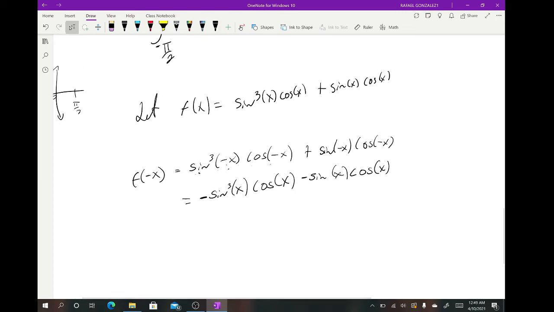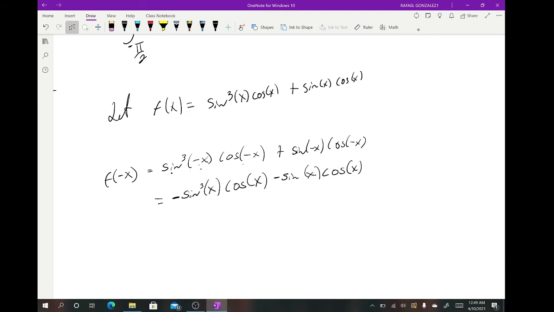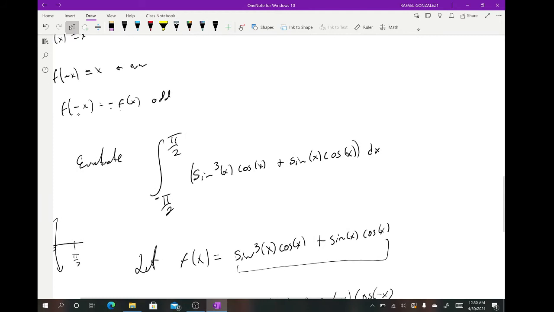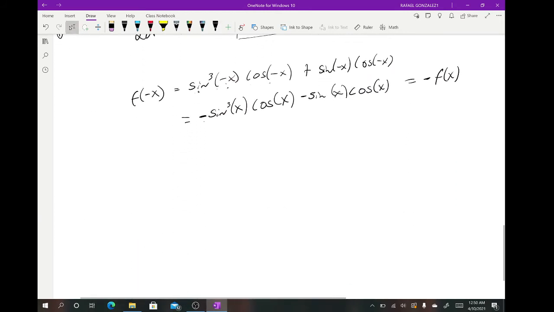But notice that this is simply equal to negative f of x. Because look at what f of x is. You just multiply by a negative 1 because you made the first expression negative and the second expression negative. So this is an odd function. F is an odd function by the definition of odd. You plug in negative x, you get negative f of x.